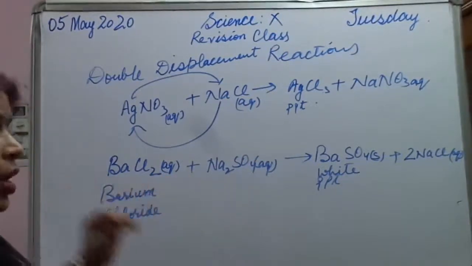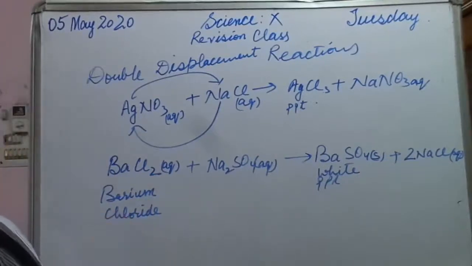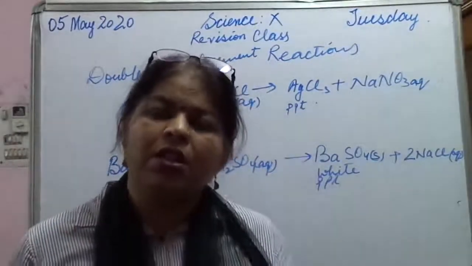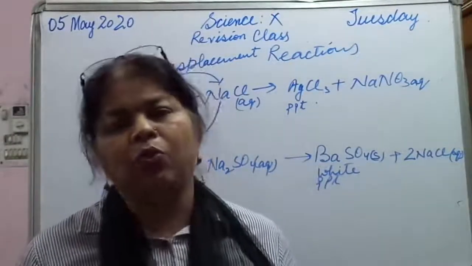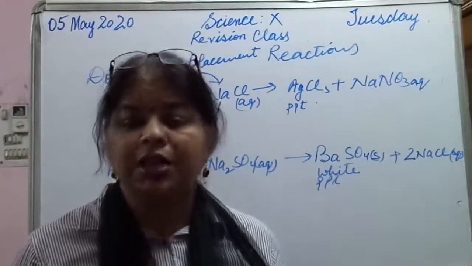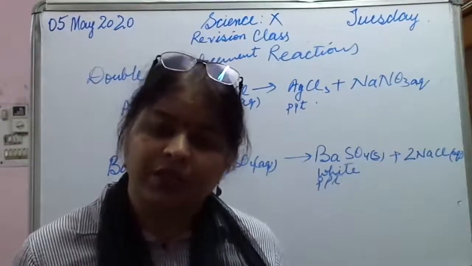Double displacement reactions are very fast and always take place in aqueous solution. Aqueous solution means that the solution is made in water. They do not require any particular condition to take place.